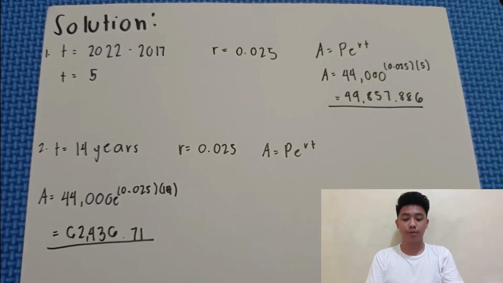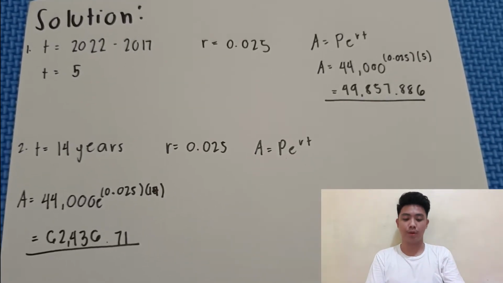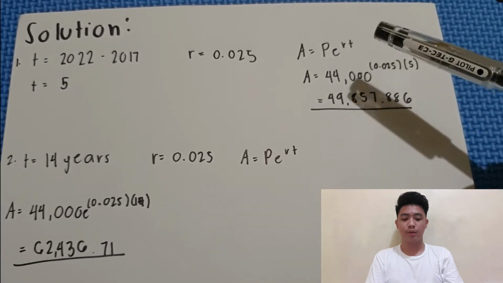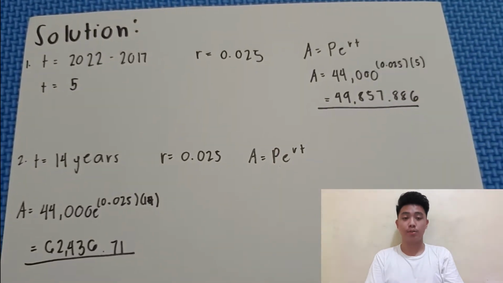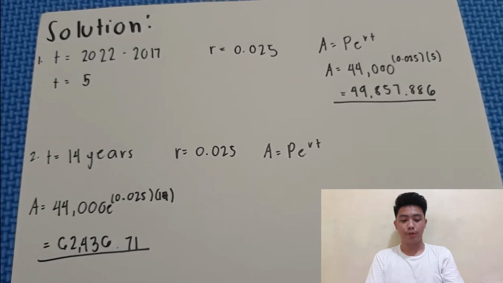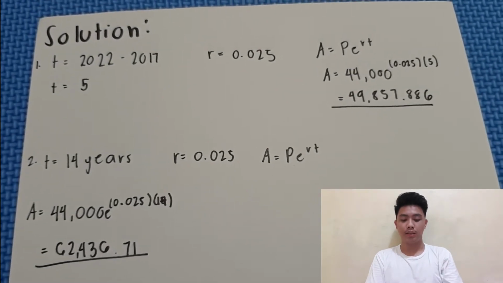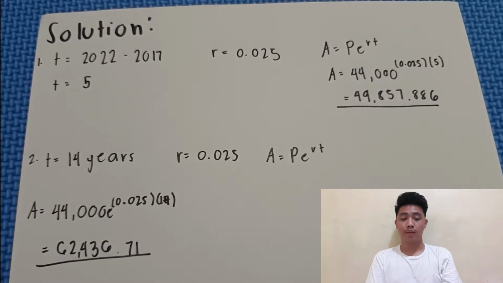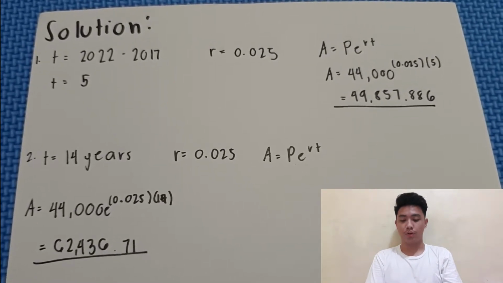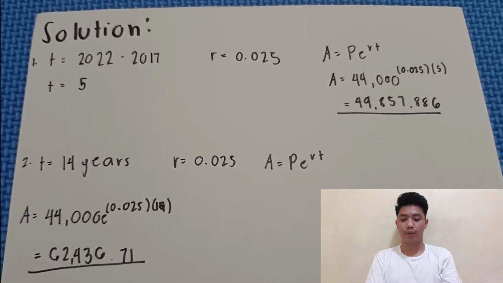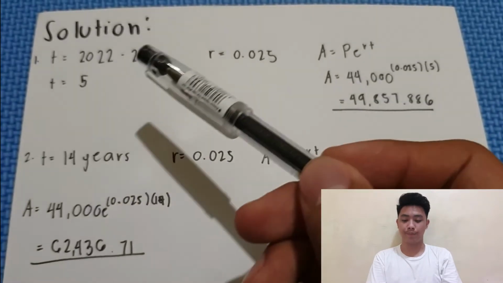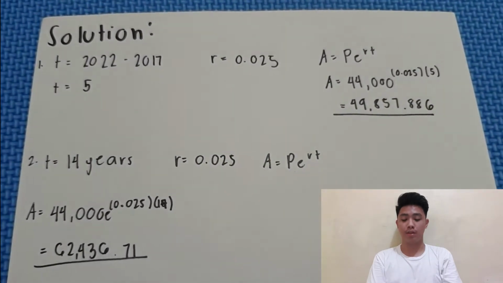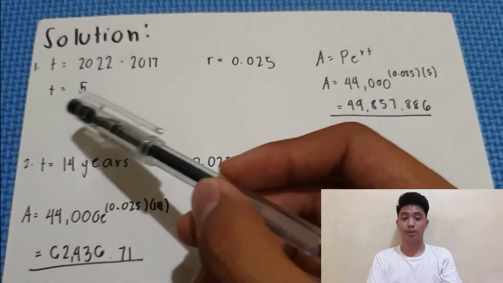This is the solution in question number 1. We have a formula of A is equal to P e raised to r t. P is given, e is a constant, r is given, t is not. First we just have to get the value of t, which is time. 2022 minus 2017, you will get an answer of 5.